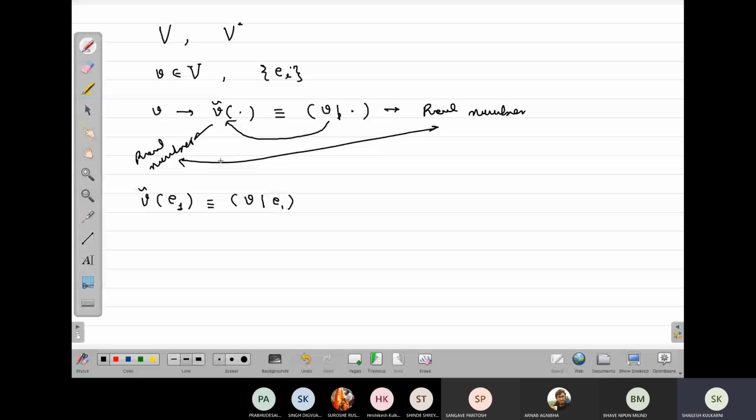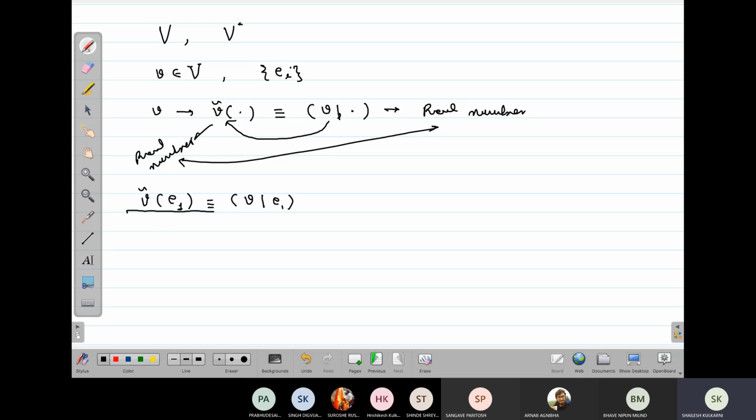But you must remember that through this correspondence, we may or may not get an equivalence between the bases. What do I mean by that?